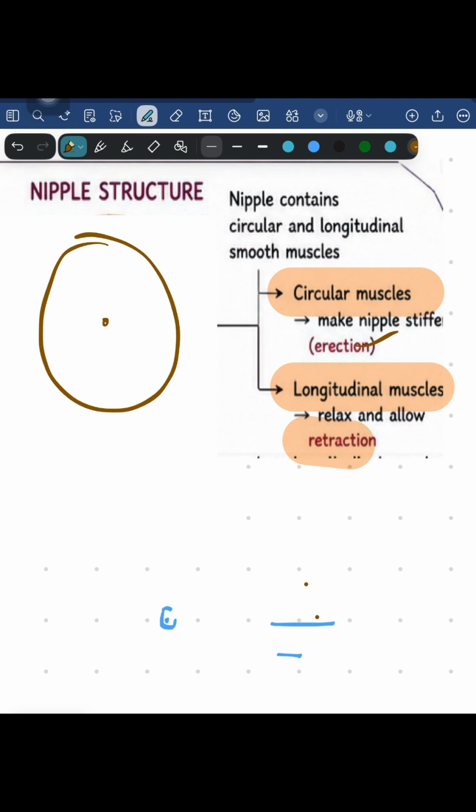Now one more point here is the areola. What is the areola? The surrounding dark area around the nipple is called the areola. It is a circular pigmented area surrounding the nipple, and it contains modified sebaceous glands which we call Montgomery glands.